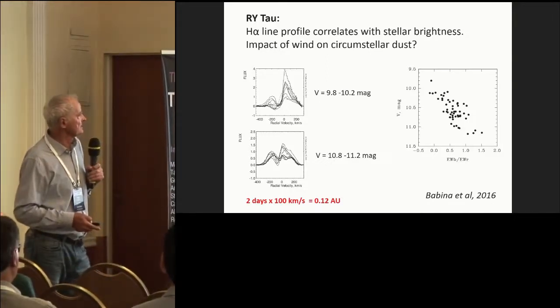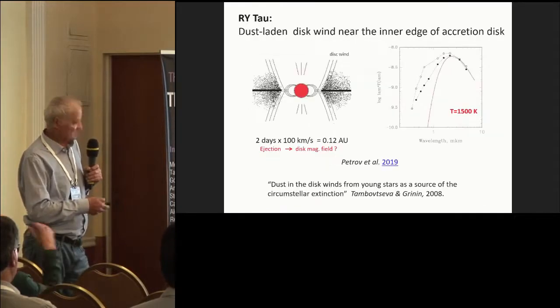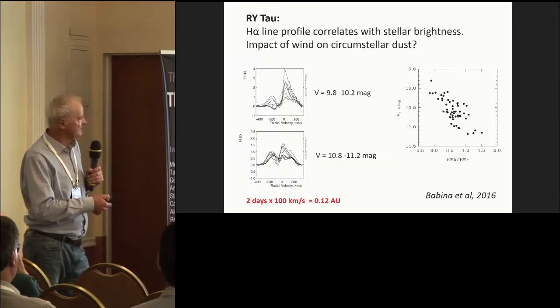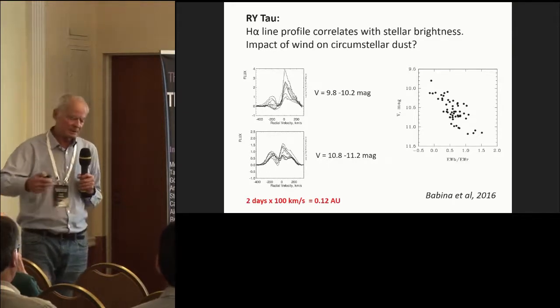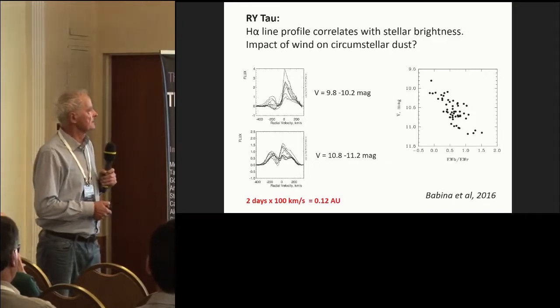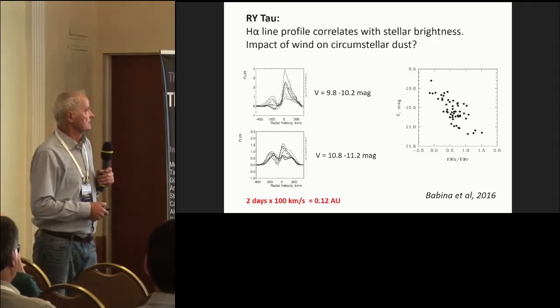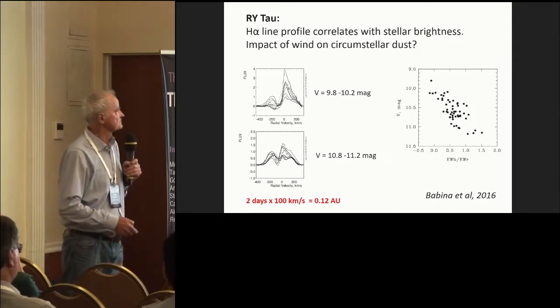So how to understand this correlation? The P Cygni profile, which shows enhanced outflow of wind, is more often observed when the star is bright. If we measure the ratio of blue to red fluxes in H-alpha, it correlates well with stellar brightness.